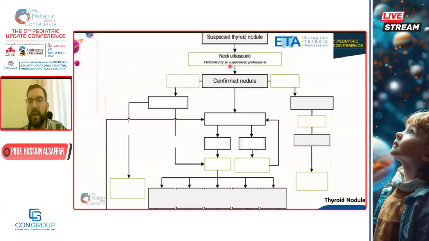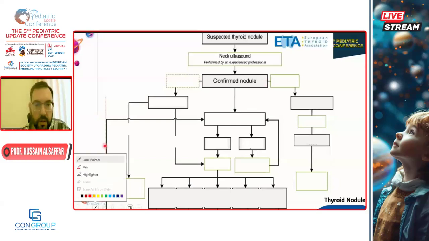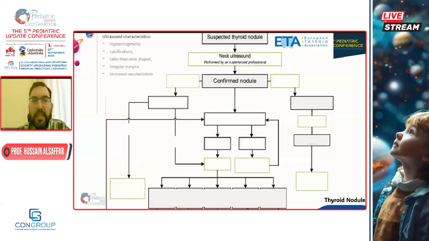If we have a suspected thyroid nodule, we have to do a neck ultrasound, to be done by an experienced professional. And from there, the features that we see on ultrasound that raise suspicion include the following: hypoechogenicity, calcification, taller-than-wide shape of the thyroid nodule, irregular margins, increased vascularization.